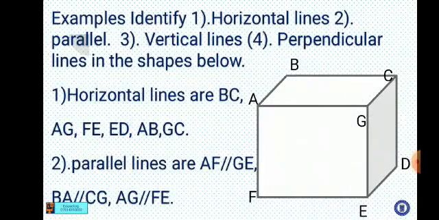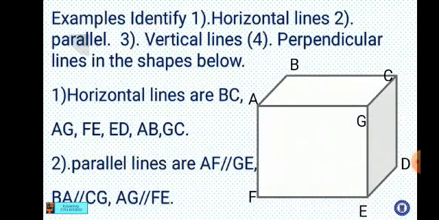Horizontal lines are BC, AG, FE, ED, AB, and GC. These are horizontal lines.